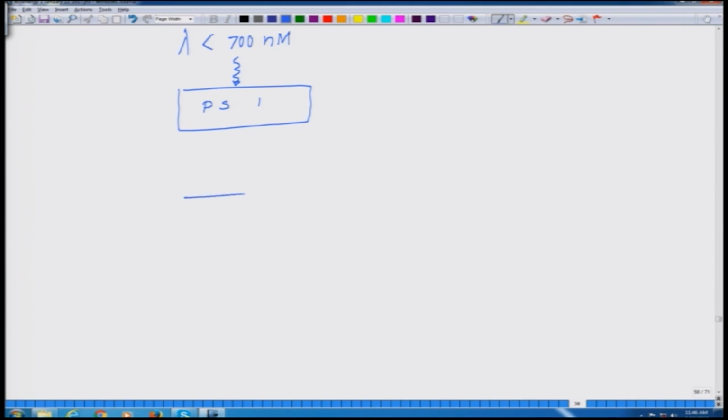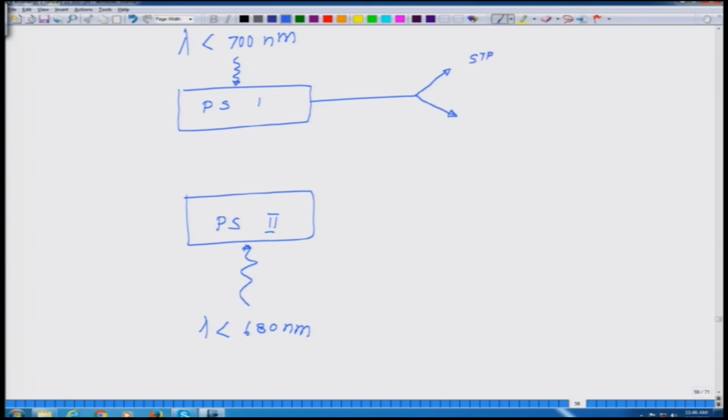And you have another photosystem PS2, which is getting light less than 680 nanometer. Okay.